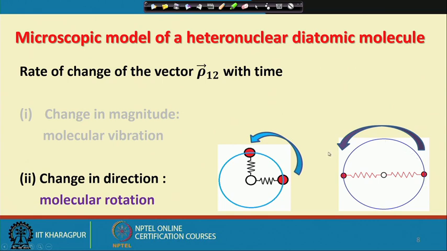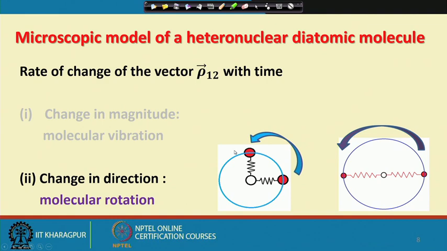The importance here is the time scales: because of the difference in the energy scales, the time scale required to stretch is much longer than the time scale the molecule requires to execute this rotational motion.